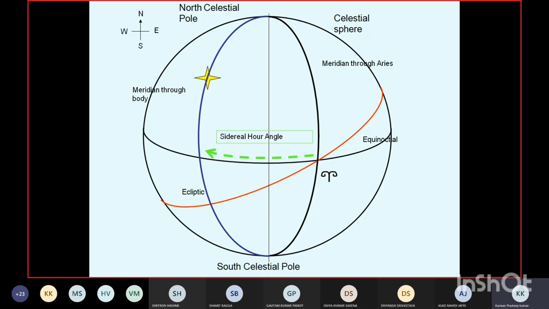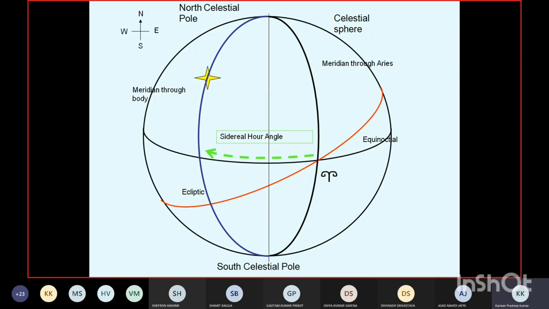Earlier on I had asked you a question. Some of you replied. For the planets, the moon and the sun, the GHA and declination are given in the almanac. What is given for the stars? SHA and declination are given for the stars.